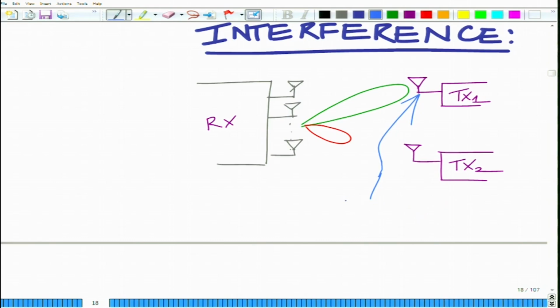So, this is your desired user, and this is your undesired, or you can call this your interfering user. So, you want to receive the signal or focus your energy in the direction of the desired user, while at the same time rejecting the signal from the undesired or the interfering user.